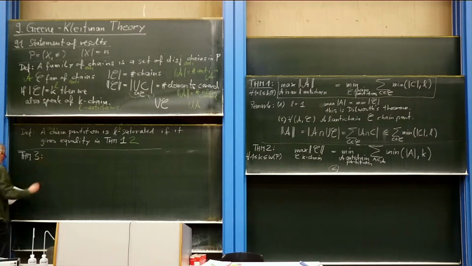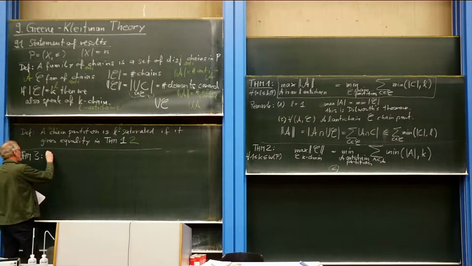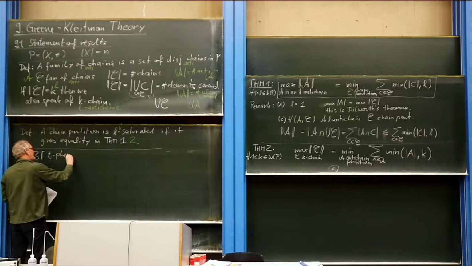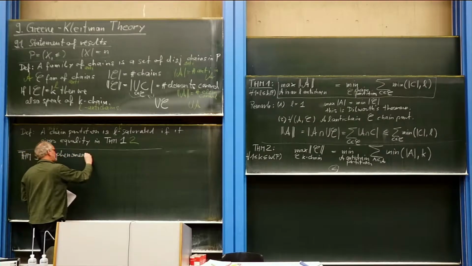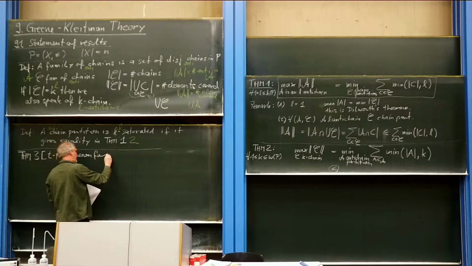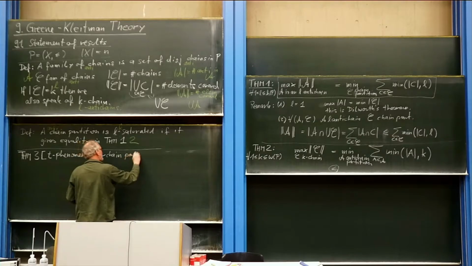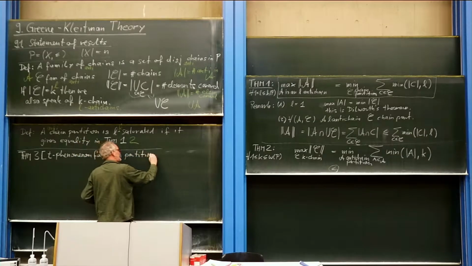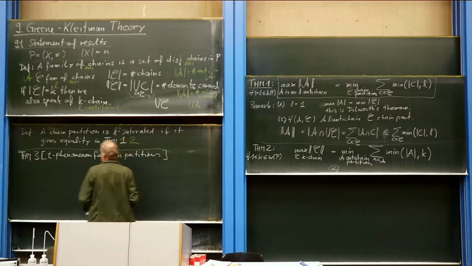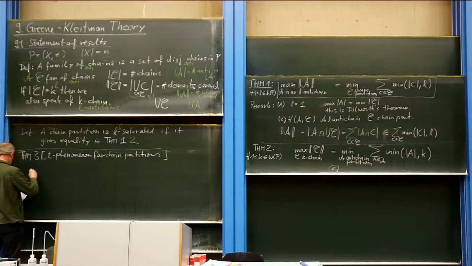Theorem 3, this is called the T phenomenon for chain partitions. And what does it say?